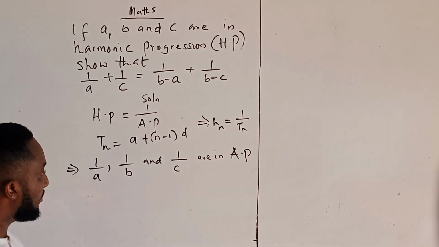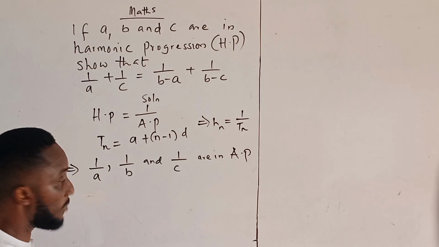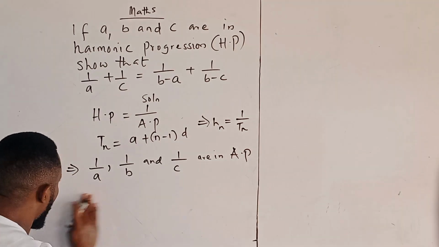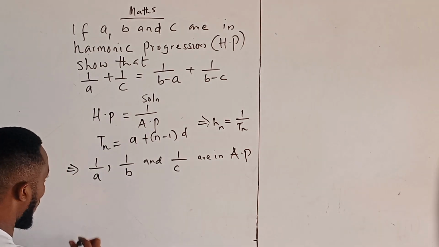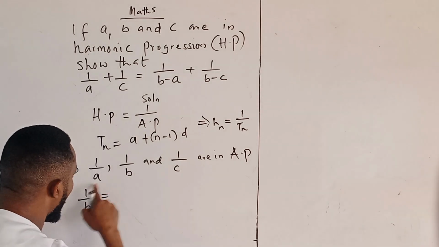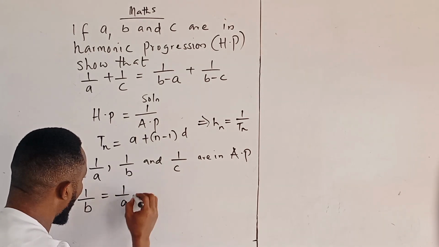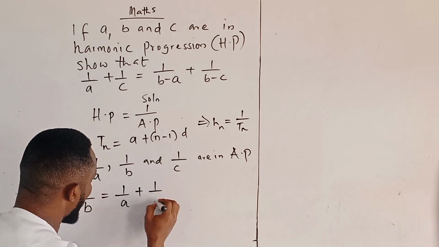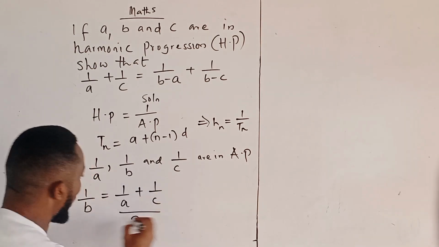Now in an AP, the arithmetic mean of these terms gives 1/B equal to (1/A + 1/C) divided by 2.